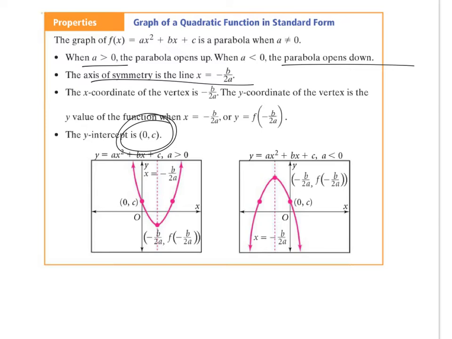The y-intercept has to be the c value, and you can use the axis of symmetry to find other points on your parabola. So if you know this is a point over here, this has to be equal distance, this works.